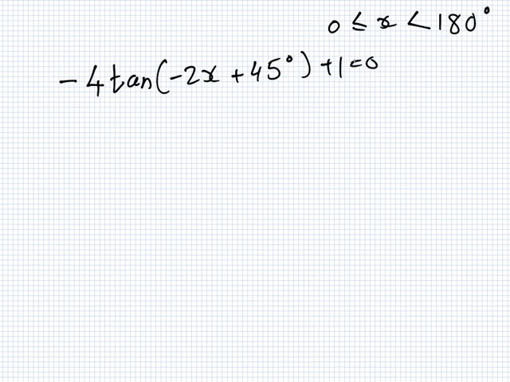Okay, so step 1 we need to get ready for inverse. So this is tan minus 2x plus 45 equals 1 over 4. No, I'm right this time. It's minus 1 over minus 4.